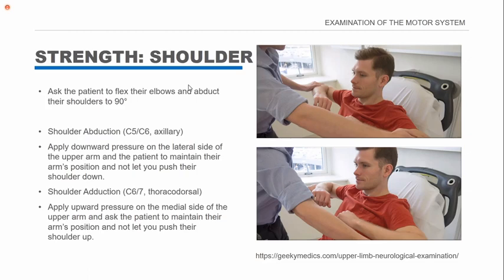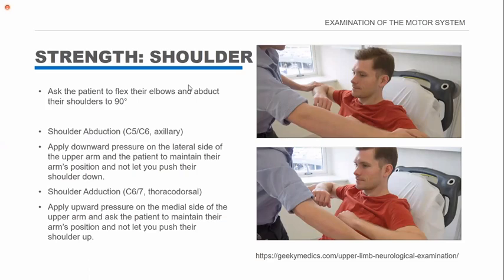If the power is less than 3 by 5, then patient won't be able to raise or hold their arms in this position. If power is 3, patient will not be able to resist your pressure at all. If the power is 4, they will be able to resist your pressure a little, but they won't be able to overcome your pressure.